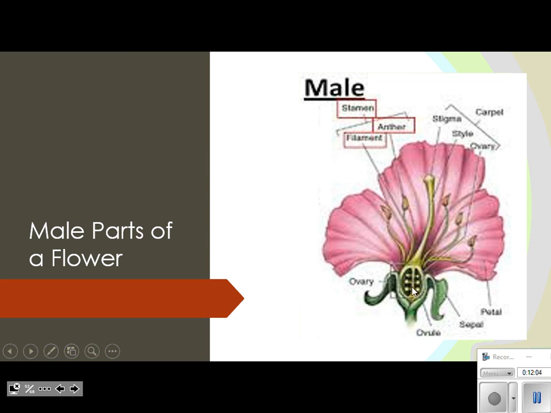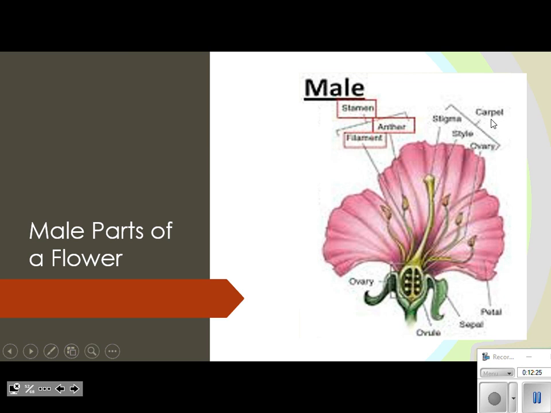Now, just a point, because if you look up here, it says stigma, style, ovary, and it labels them the carpel. Okay? I told you that we're going to call it the pistil. Other folks have referred to it as the carpel.